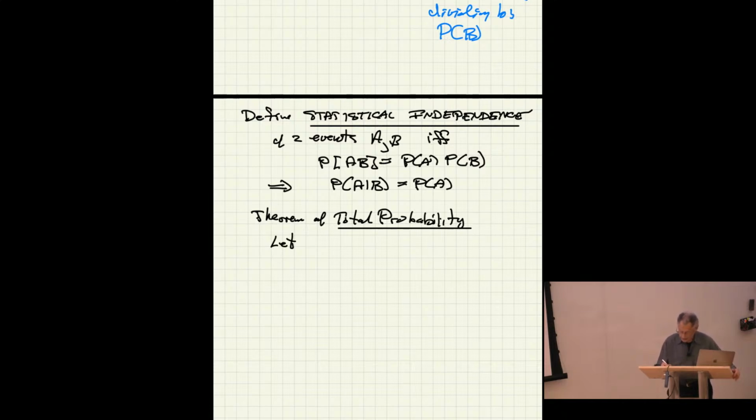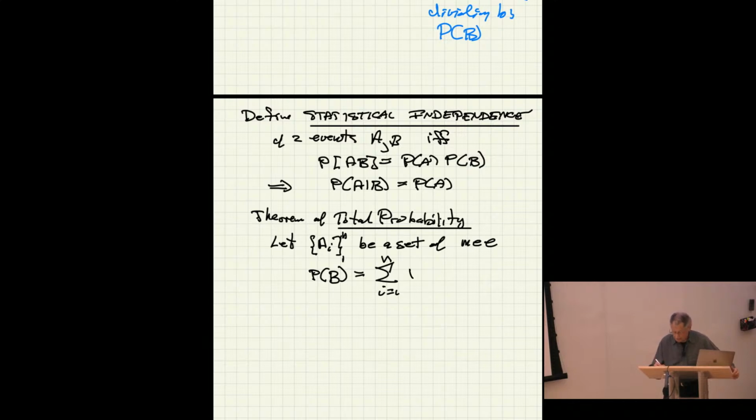Let the set A_i, from 1 to n, be a set of mutually exclusive exhaustive events, M-E-E. The theorem says the following, that the probability of the event B is equal to the summation over all possible events A_i, say from 1 to n, of the joint probability of A_i and B.